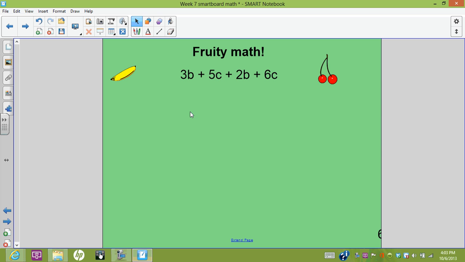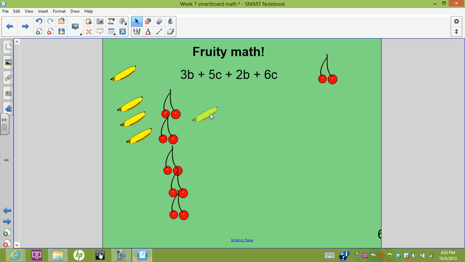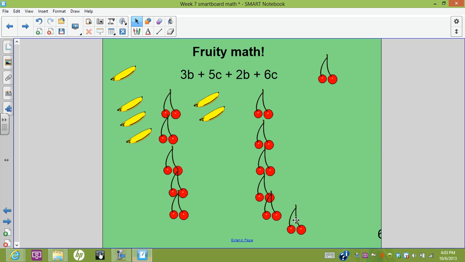So if I create just a little picture here, I have 1, 2, 3 bananas plus 1, 2, 3, 4, hang on, 5 cherries. I have 2 more bananas right here. And then I have, oh my goodness, 1, 2, 3, 4, 5, 6 cherries.